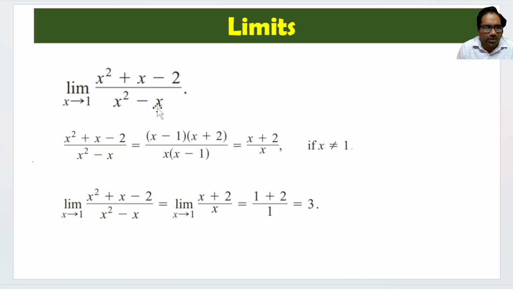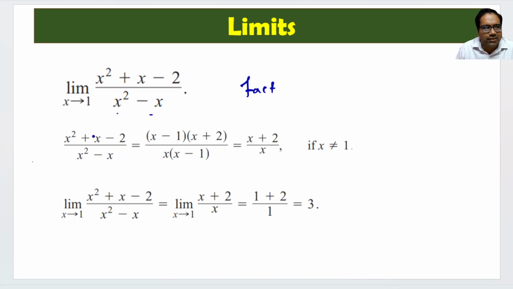Now let's take one more example. x square plus x minus 2 by x square minus x, x tends to 1. But in this case, we cannot directly substitute, because if we substitute, the denominator becomes 0. So we use a method called breaking this into factors.